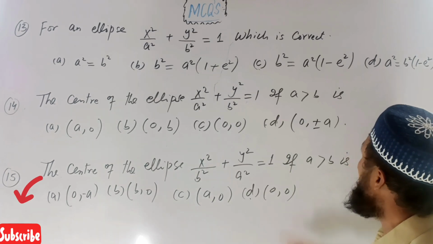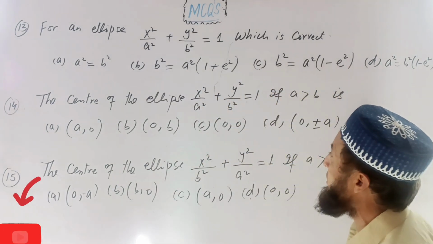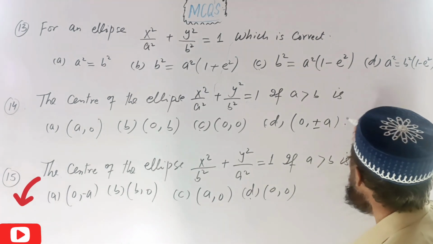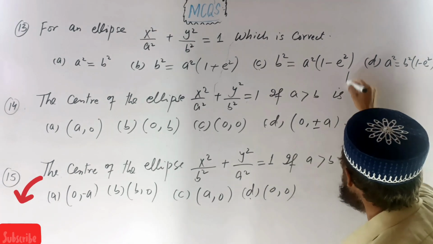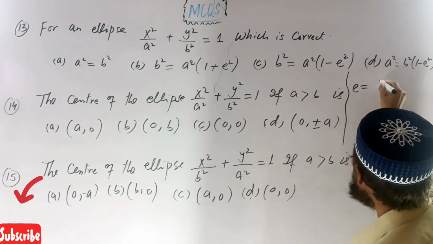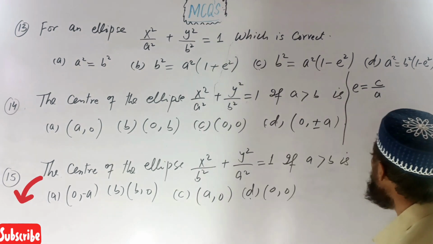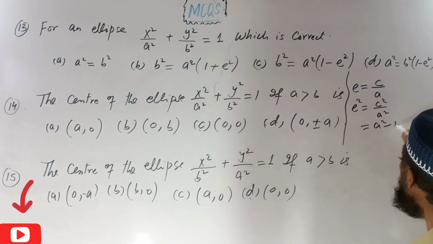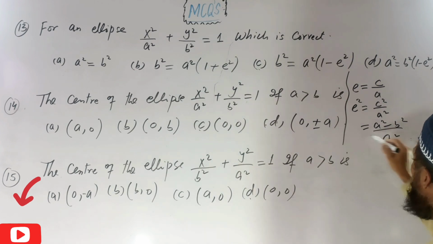Look here, the eccentricity is required. If we are finding eccentricity, as we know, e is equal to c divided by a. So c square is equal to a square minus b square, divided by a square.